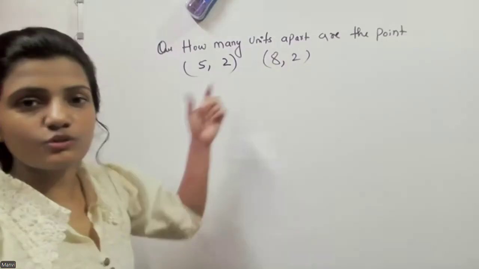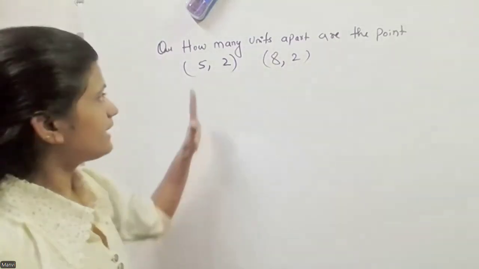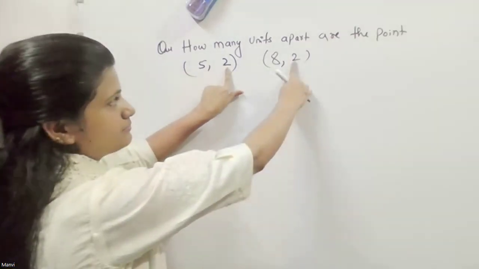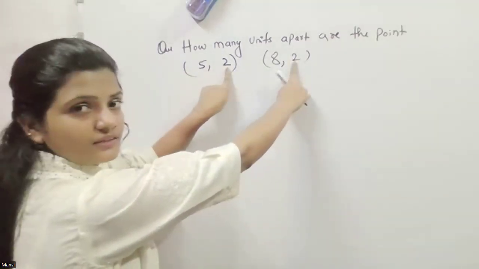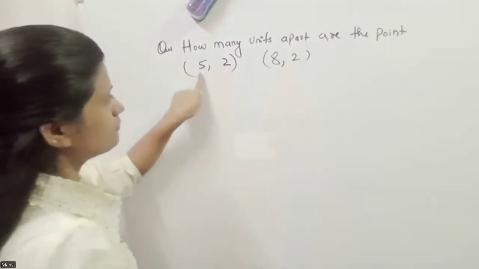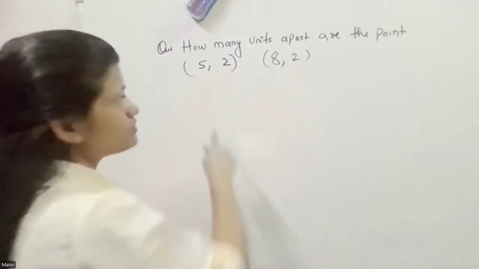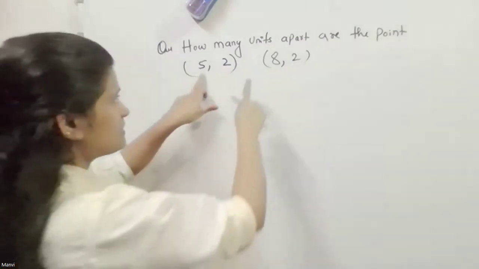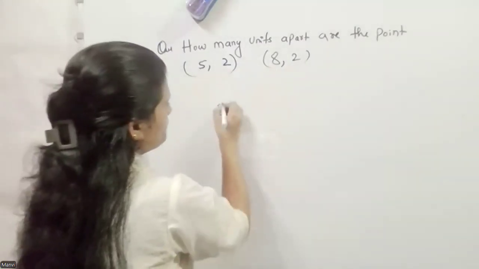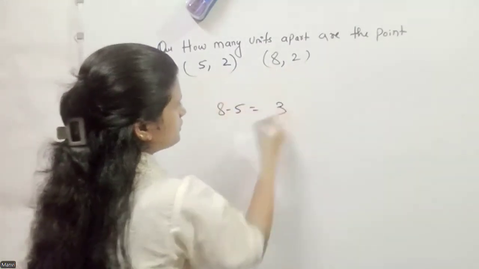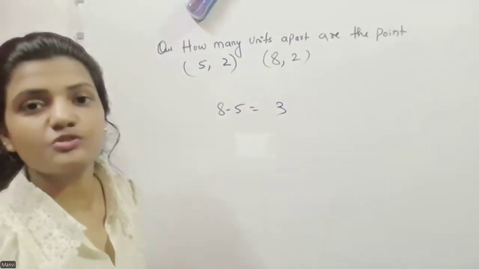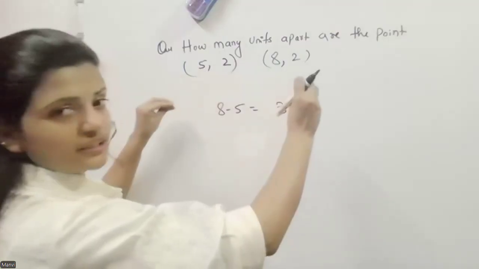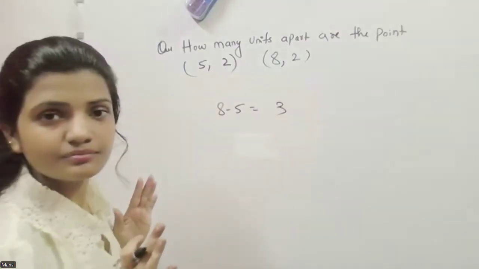So in this question, you can see that the value of y stays the same, right? We just change the value of x. This 5 now became 8. So the difference between these two is 3, which means both points are 3 units apart from each other.